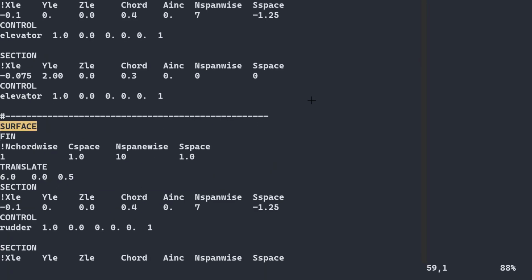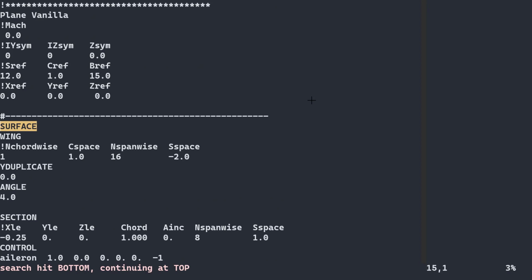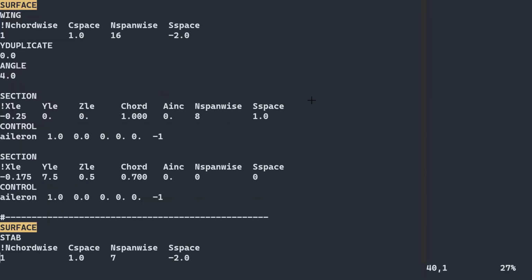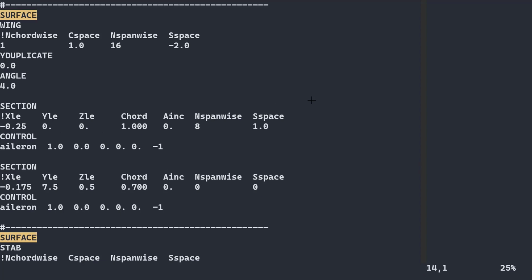Now, in each surface, there is a small section over here that defines the overall property of the surface, followed by an arbitrary number of sections of the surface. The main wing here has just 2 sections. In reality, you can have arbitrarily many sections.